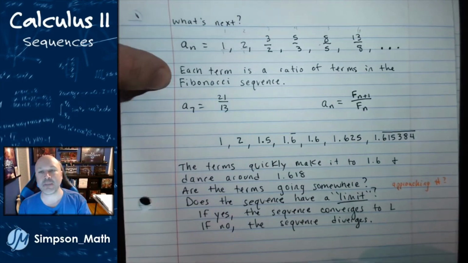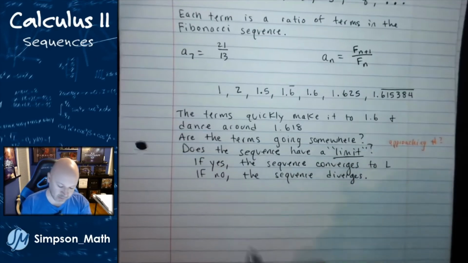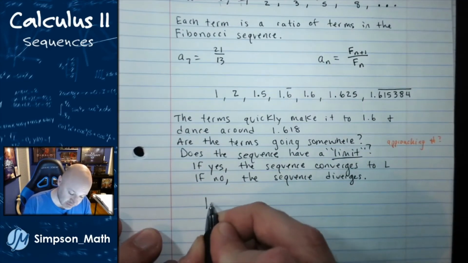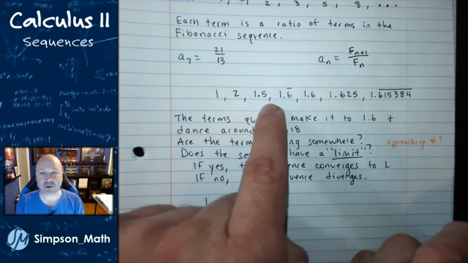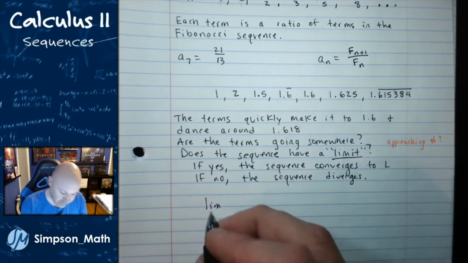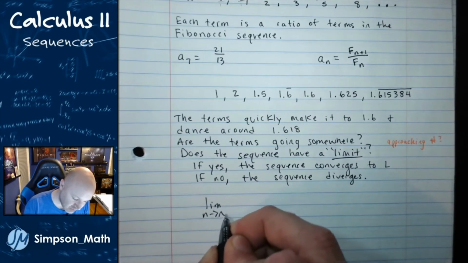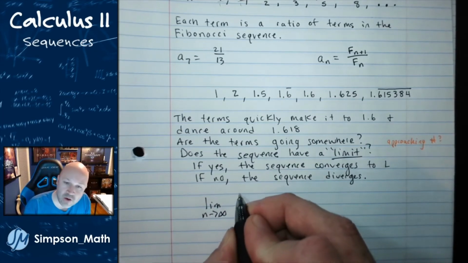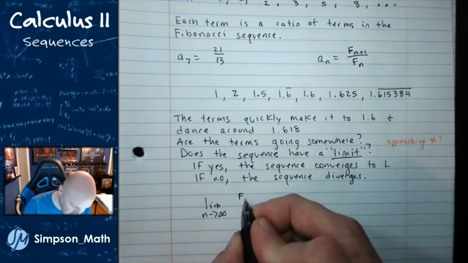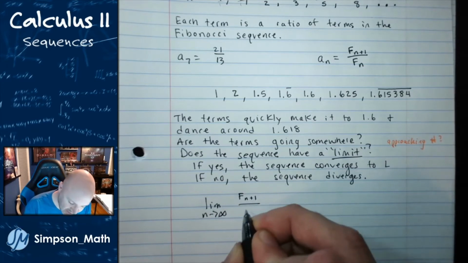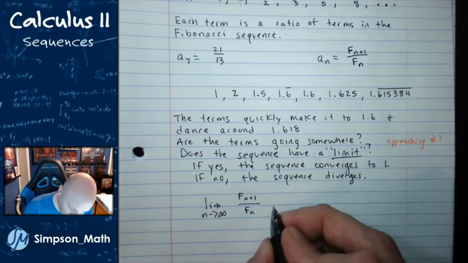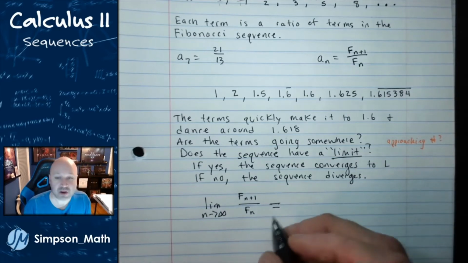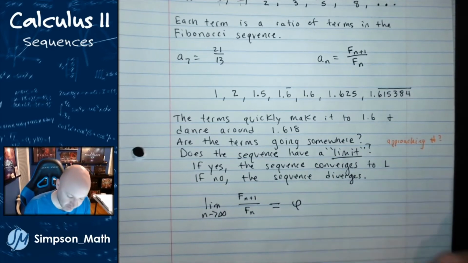I'll put this in math notation that should be very familiar to you. I'm going to say the limit as the indices, so as those n's approach infinity, of a Fibonacci number divided by the previous Fibonacci number approaches the number phi.